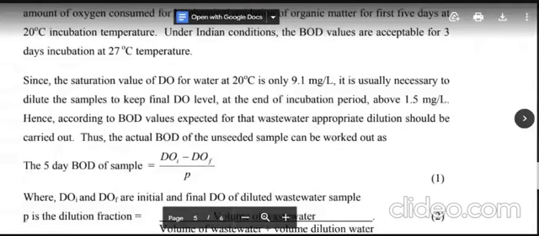Initially it is 9.1, and at the end of the incubation period, the 5-day or 3-day testing period, which is called incubation because we put it into the incubator, it should be at least around 1.5 milligram per liter. So that we can say that a certain amount of oxygen is available for the bacteria, the microorganisms, for the decomposition of the matter.